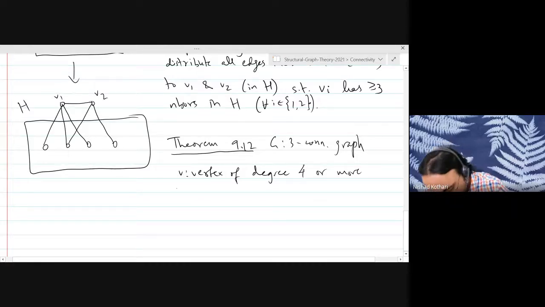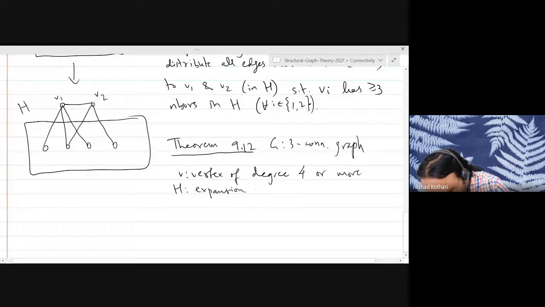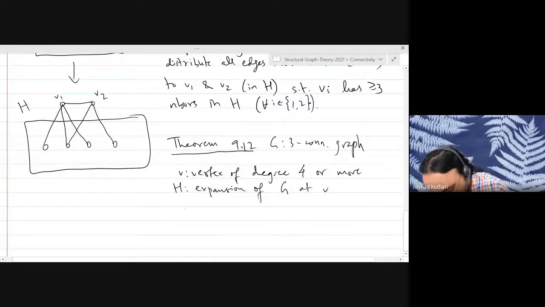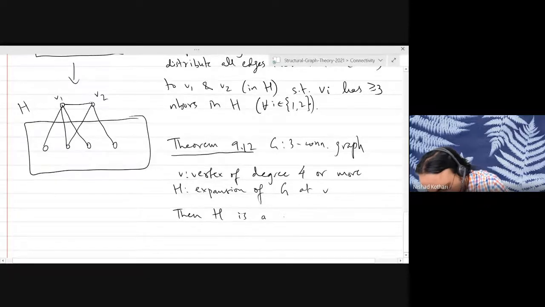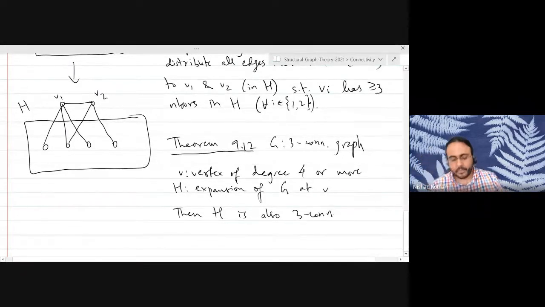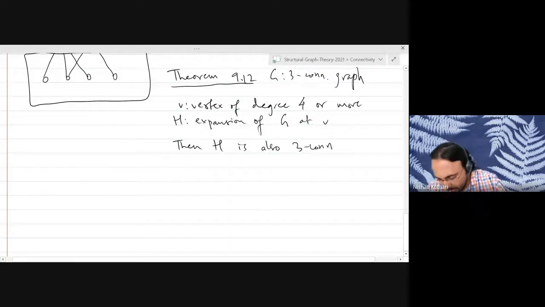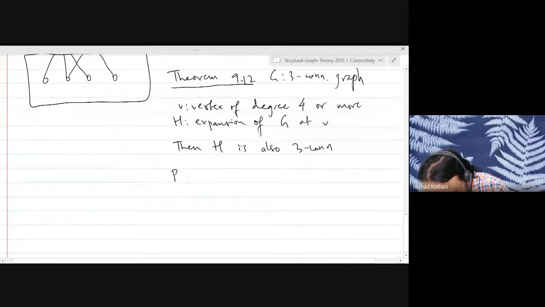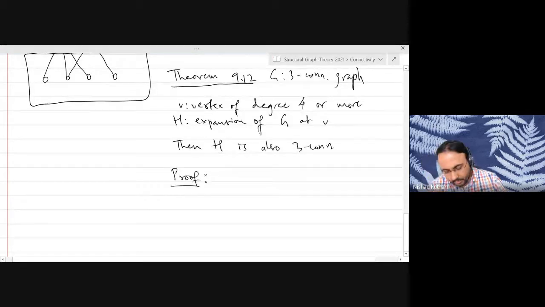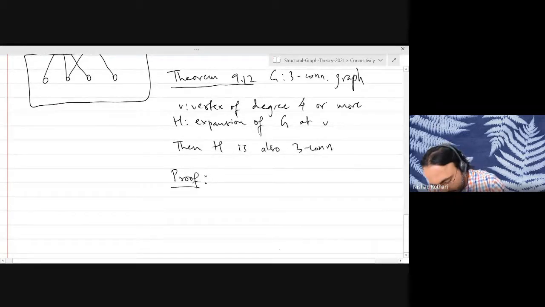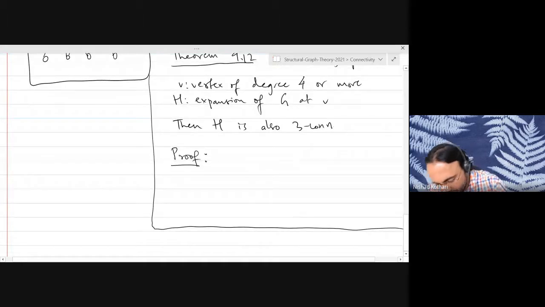And if you consider any expansion of the graph G at the vertex V, then the claim is that this graph will also be three connected. The proof I'm not going to write, I'm just going to give it to you as a do it yourself problem.